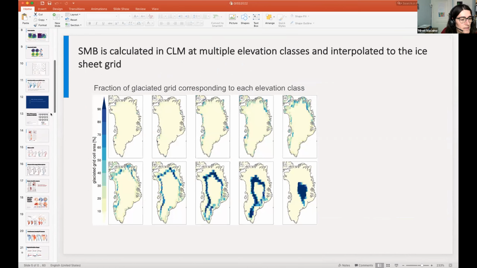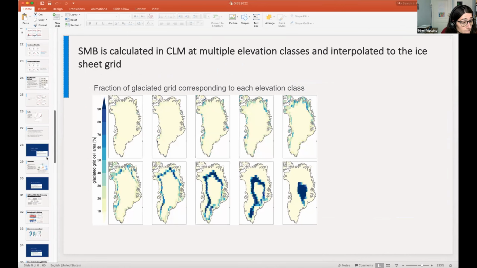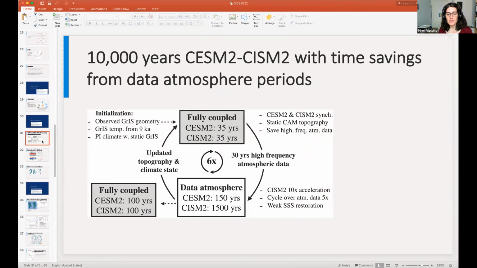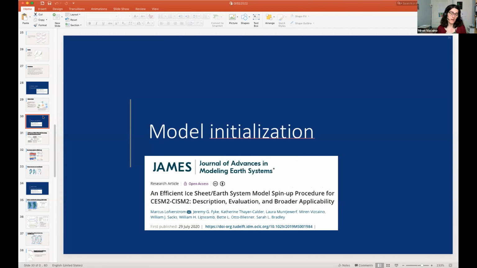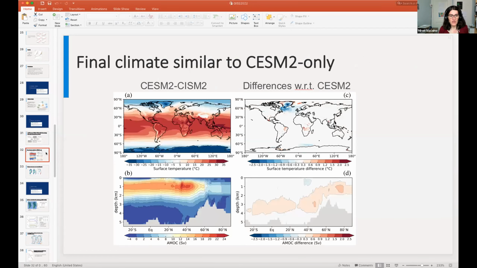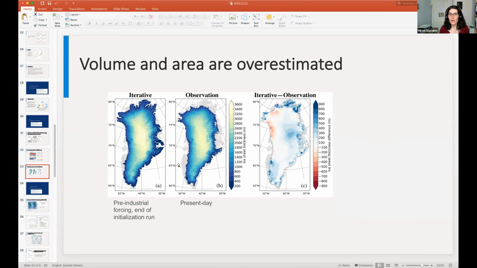But if you go to this paper, you can see the time series of how the volume of the Greenland ice sheet is evolving, and also the climate variables. The final climate is relatively similar to CESM-2 only. So our issue is that we have an ice sheet that is 1 meter sea level equivalent bigger.